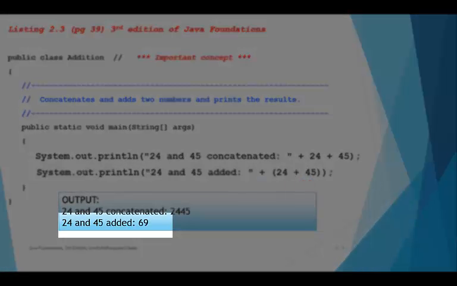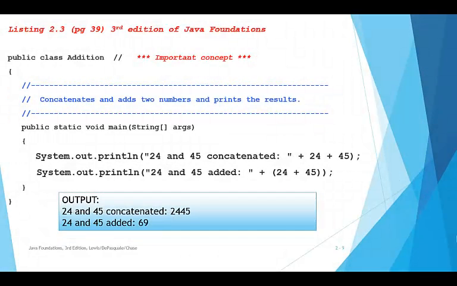And so now, "24 and 45 added" string concatenation, the result of adding 24 and 45, 69. Look at these two carefully and be sure you understand the difference. If you have any questions, please post them to the Week 2 optional forum.